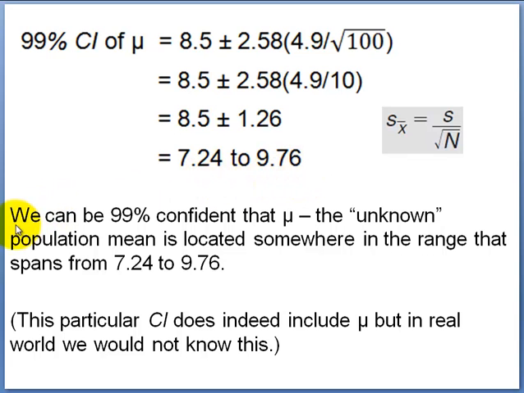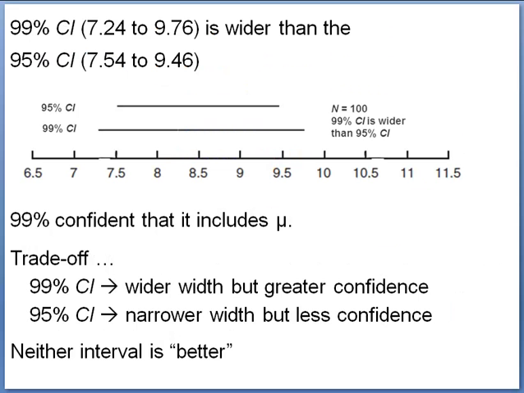Interpreting, we can be 99% confident that mu, the unknown population mean, is located somewhere in the range that spans from 7.24 to 9.76. Note, this particular CI does indeed include mu, but in real-world research you would not know that this was so.